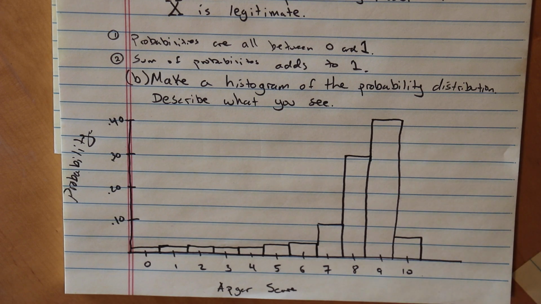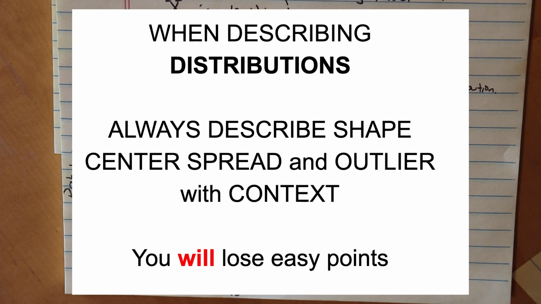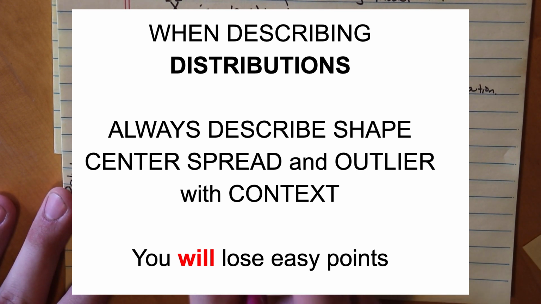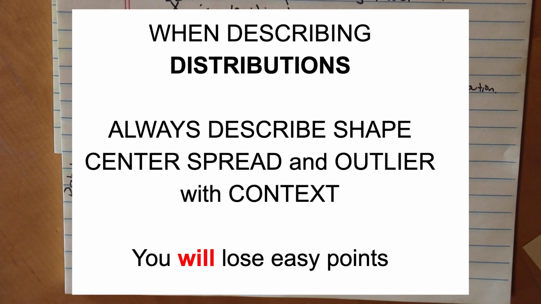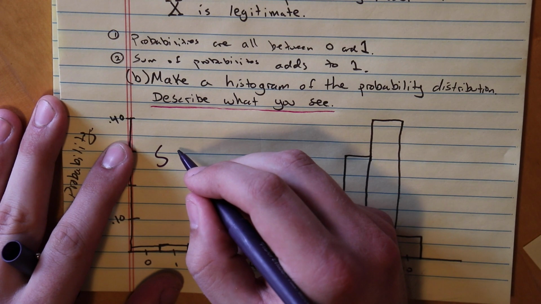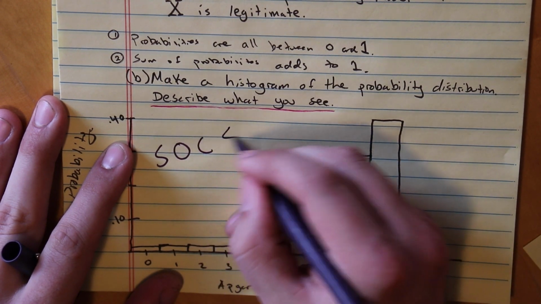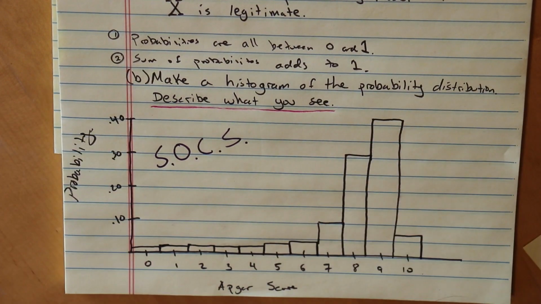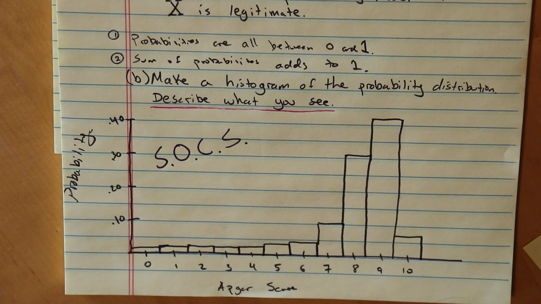We have not described what we see. So remember, whenever you describe a distribution, this goes way back to the beginning of the course. Remember, when you describe a distribution, you have to describe the shape, if there's any outliers, center, and spread. Do not forget to put on your socks and context.